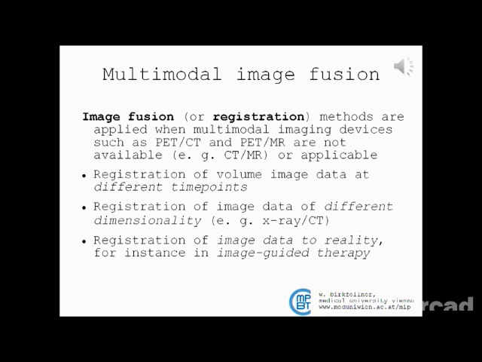So if we want to have a common frame of reference for image data taken at different time points, for instance with a few months in between, to see how a tumor reacts to a certain type of treatment, we have to do image fusion in order to get a common frame of reference for the image data so that we can compare it.